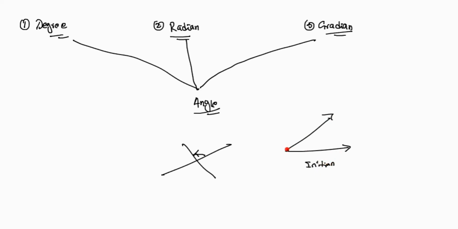If I rotate this initial ray in any direction, counterclockwise or clockwise, then this will become the terminal ray. So these 2 rays obtain an angle, and this angle is measured with the help of any of these 3 units.